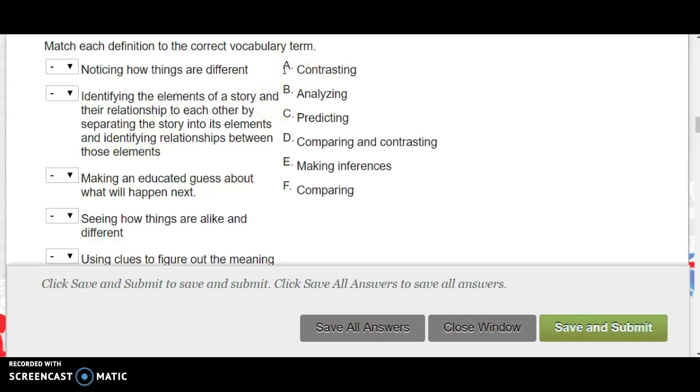Vocabulary terms. A. Contrasting. B. Analyzing. C. Predicting. D. Comparing and contrasting. E. Making inferences. F. Comparing.